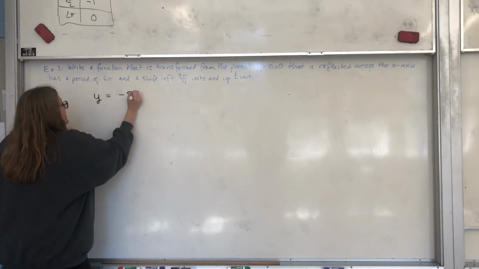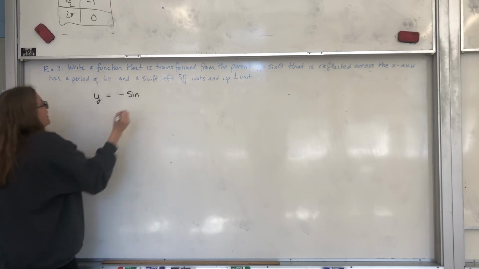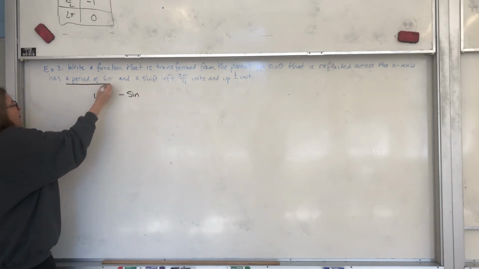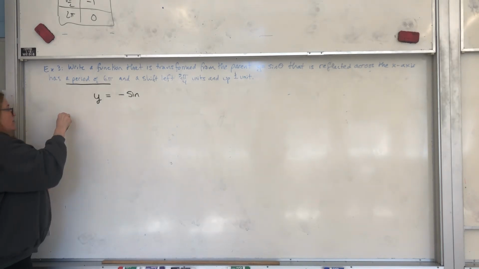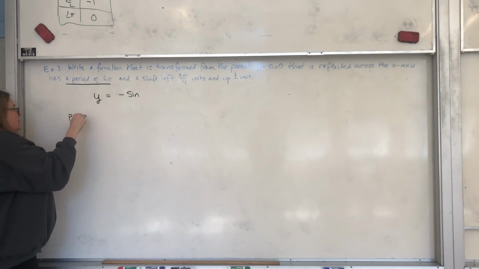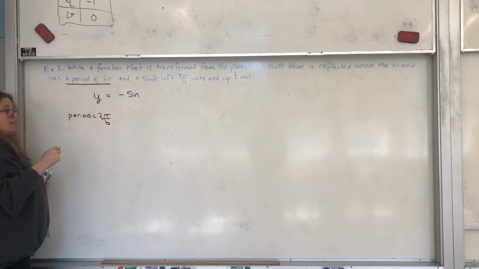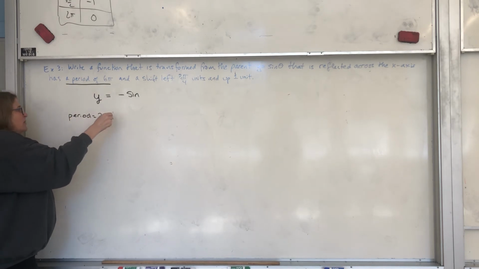So I'm going to write sine, but they did tell us about a period of 6 pi. So we know that period is equal to 2 pi over b. So do you guys see how we can find the b value? First of all, we know the period's 6 pi.